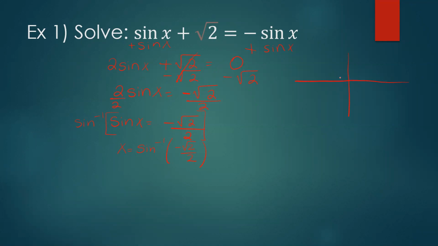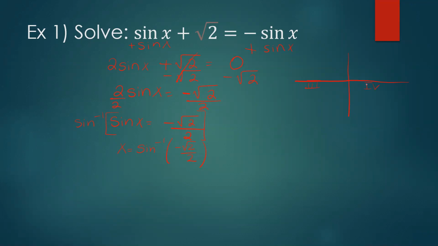So where is sine negative? It's not in quadrant 1 or quadrant 2, because sine is positive in both. But sine is negative in quadrant 3 and quadrant 4.